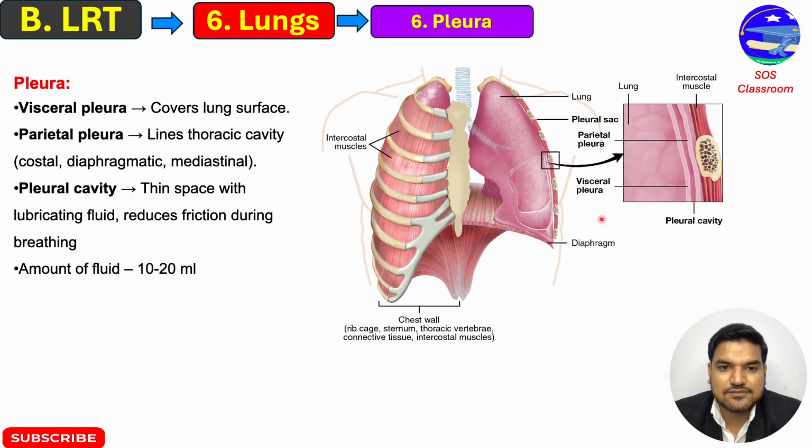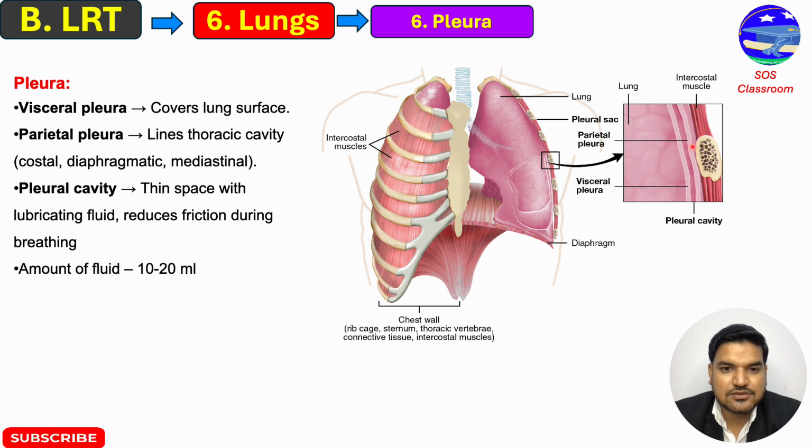So you can see the structures. This is the right lung, this is the left lung, and this portion you can see here is the ribs. This is the outer layer, called the parietal pleura. The parietal pleura is directly attached to the wall of the ribs or chest wall, and the inner one is the visceral pleura, directly attached to the lungs, lining the thoracic cavity, the costal space.